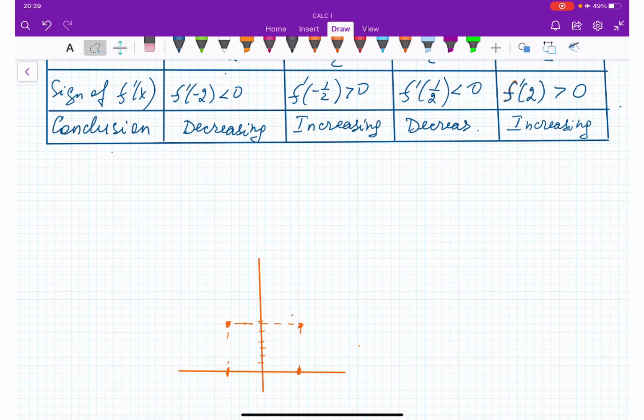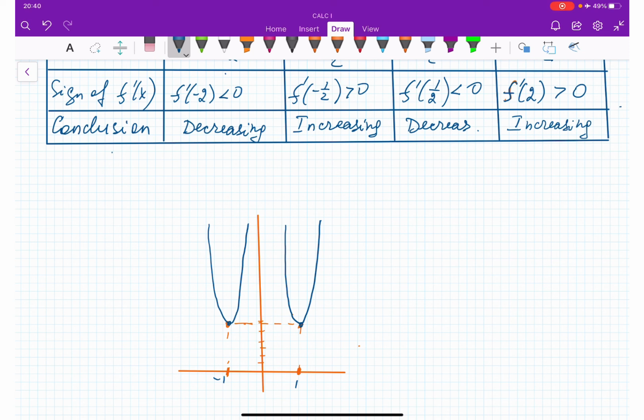Okay, so the graph will look approximately like this. And this is going to be your -1 and +1. So this point is going to be your relative minimum.